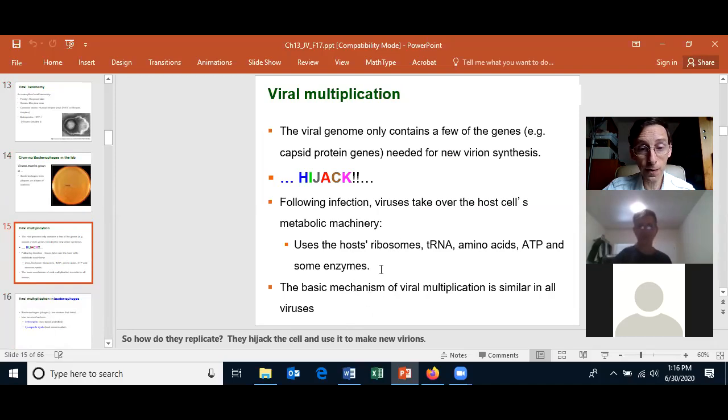That's pretty much how all viruses replicate, although it is different between a lytic virus and a non-lytic virus. A lytic virus will lyse the cell to escape, and a non-lytic virus will not lyse the cell. So in the non-lytic virus, the cell can survive, but in all cases, the virus hijacks the cell and uses the host enzymes and components to make new viruses.